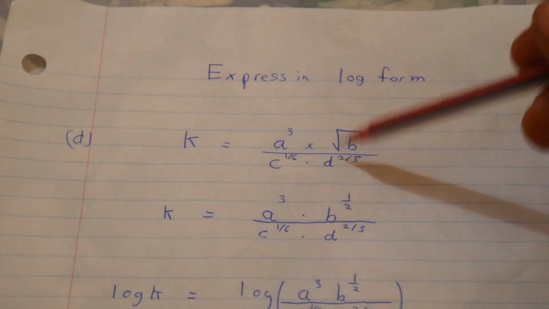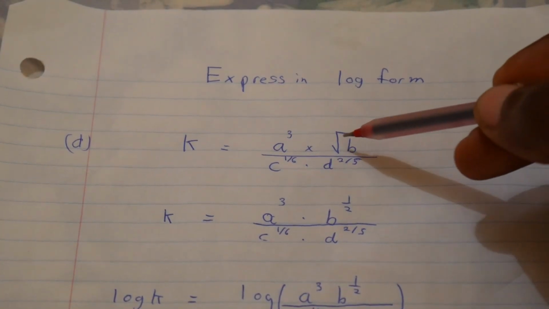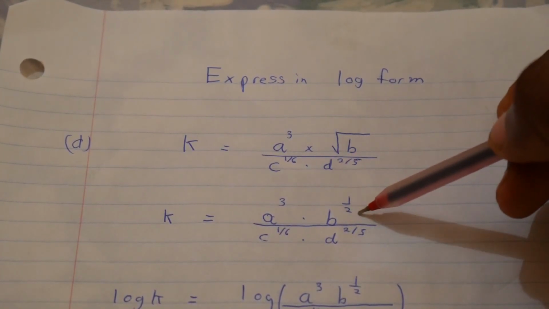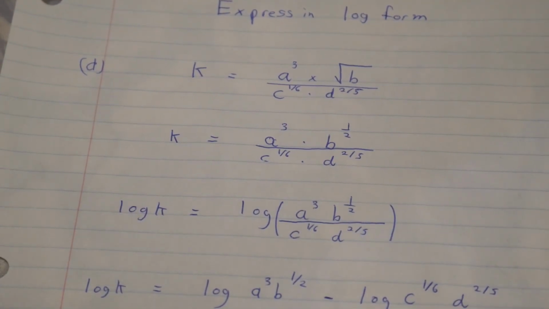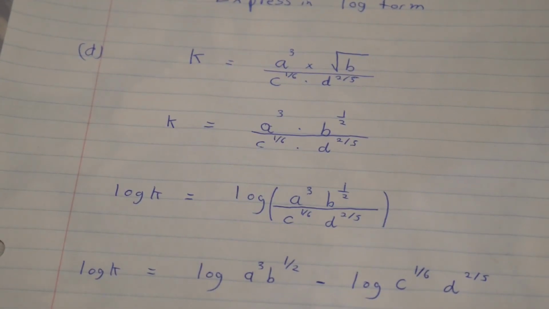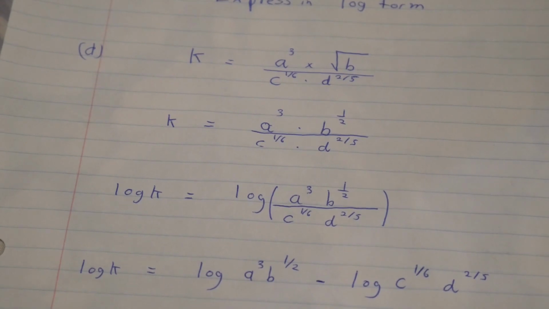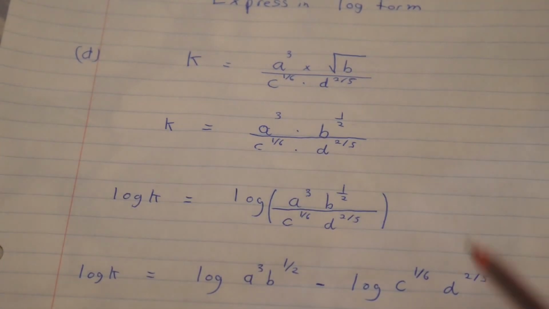So we have k is equal to that. The first thing I did is to remove the square root and call it a half power. For the same reason as the indices question, you remove the outer parts that have any roots or big brackets, etc. Alright, so this is this.